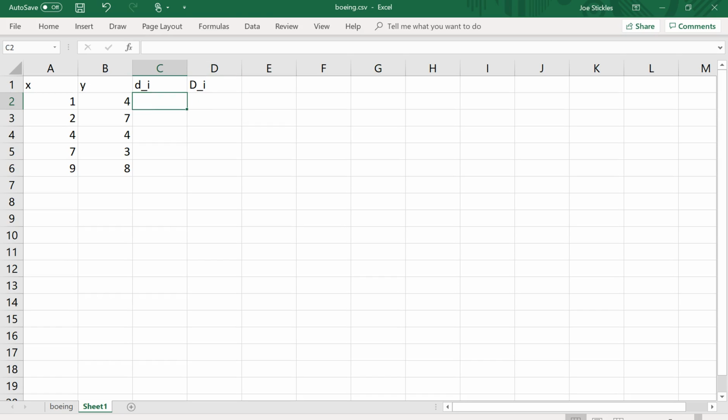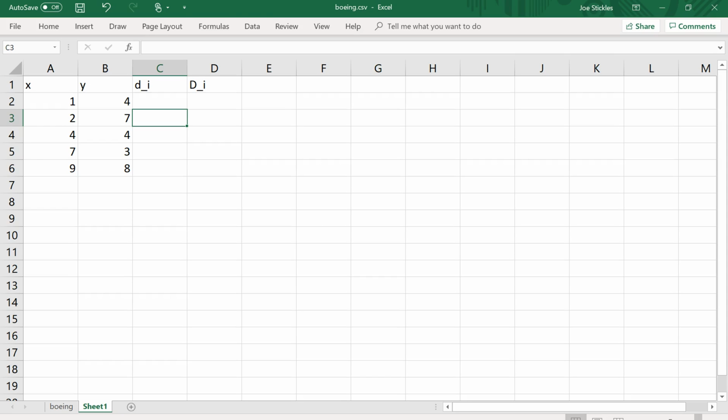Okay, so one of the things that we need in order to be able to set up the system are your little delta sub i and your capital delta sub i, right? To that end, I'm going to put it down a row, only because remember we're going to add that first row with a 1 and a bunch of zeros, and the bottom row with a 0 and a bunch of 1s.